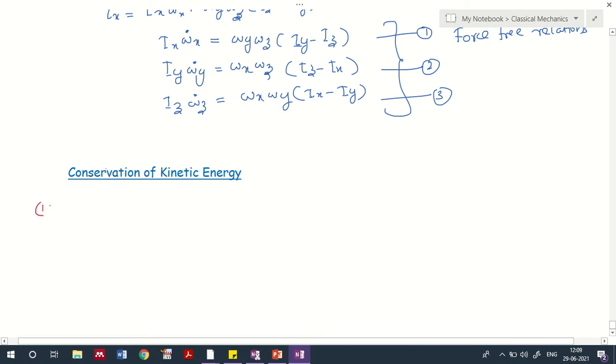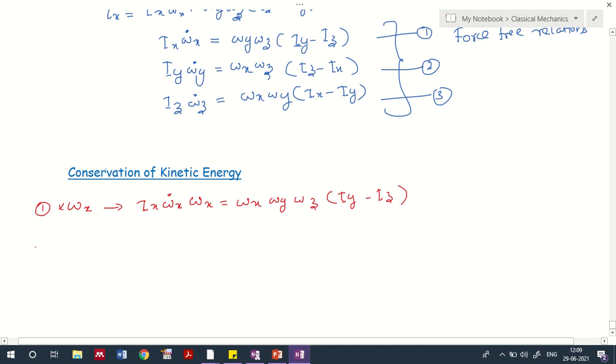I will multiply equation 1 with omega x. Then my equation becomes Ix omega x dot into omega x equal to omega x omega y omega z into Iy minus Iz.